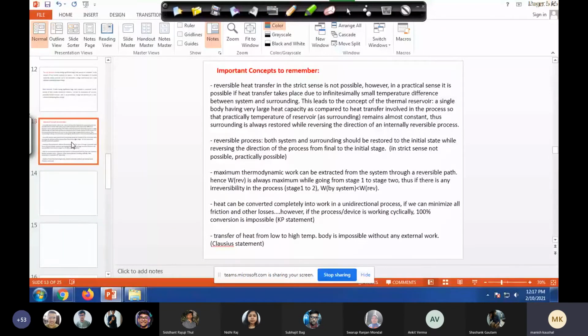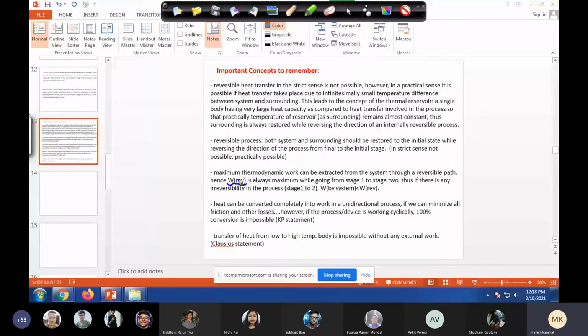This is the summary of what we have learned till now. We have seen the maximum work. In the beginning I discussed an example, the same example I repeated in the last class: if you are going from state 1 to state 2, the maximum work that can be obtained from the system is when you go from 1 to 2 reversibly, if the system is doing work.